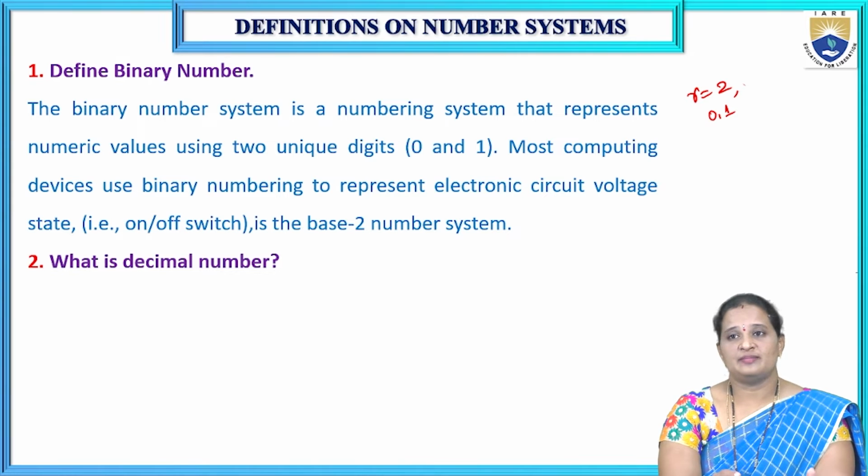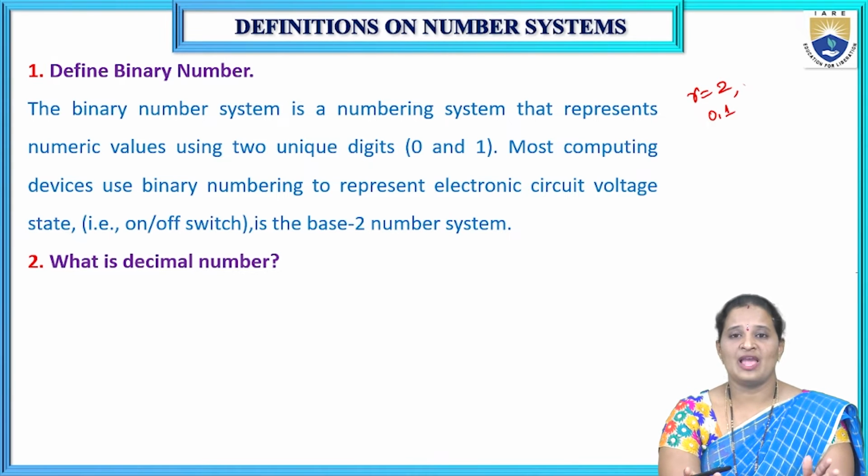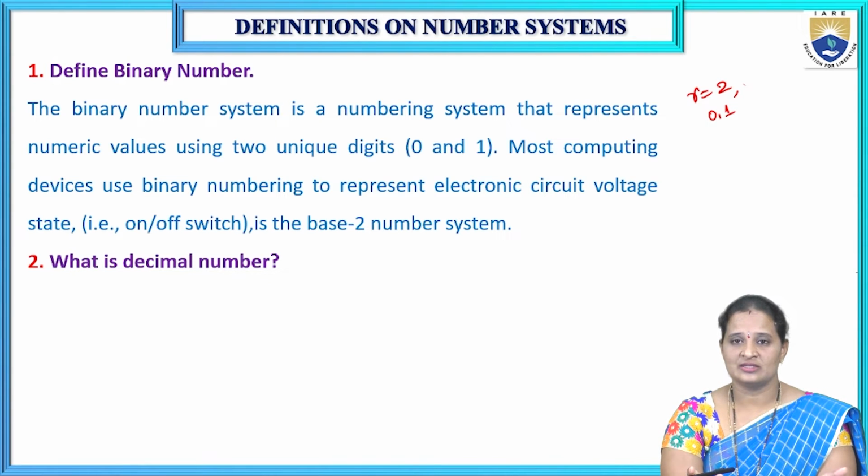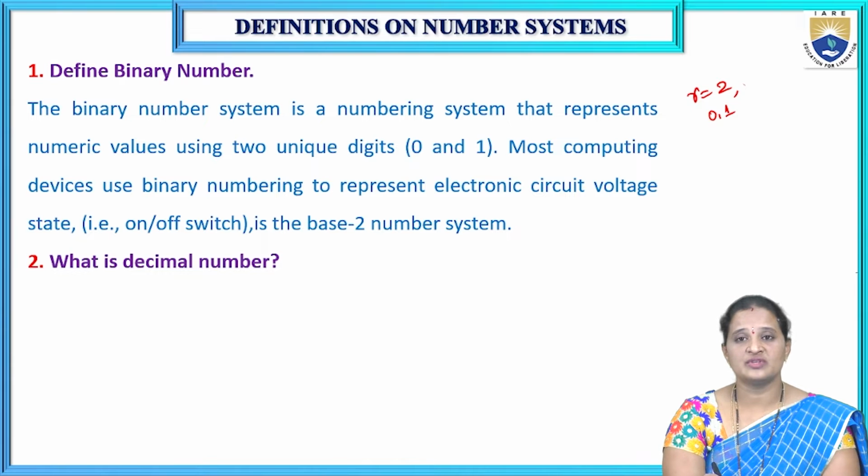And coming to the decimal number system. Every number system will have its own base or radix, and the number of symbols in any number system is equal to the radix.